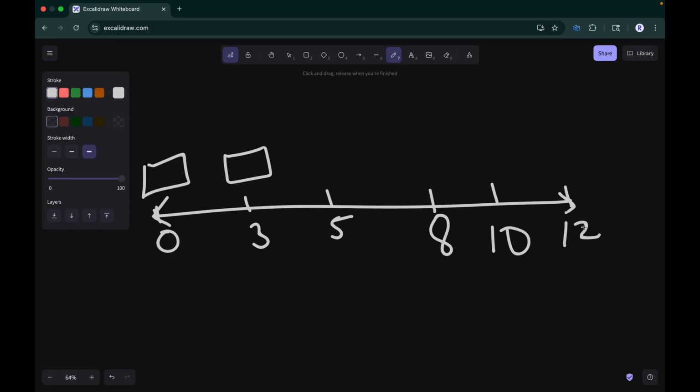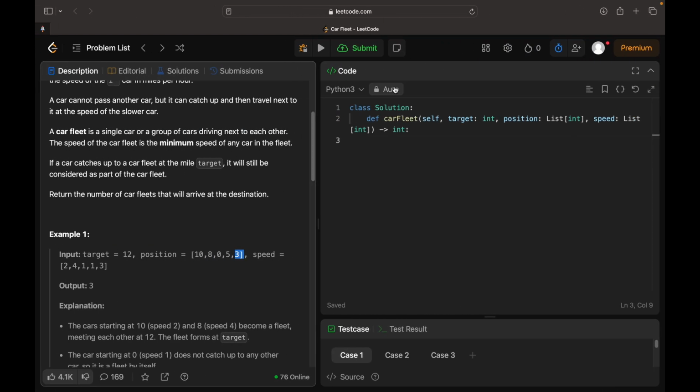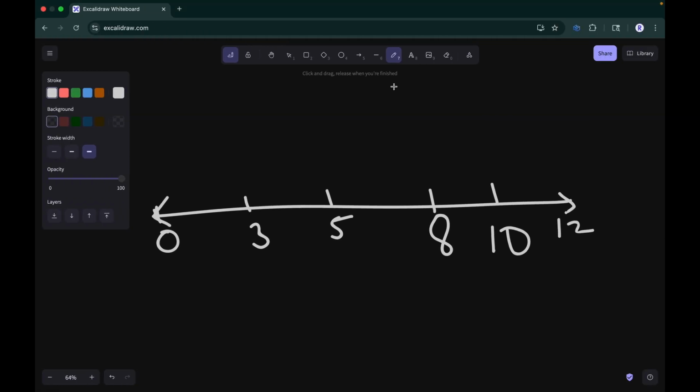So what is my point over here? Well, the very first thing that we'll have to do is sort the cars in descending order, not ascending order, because the car who's over here will get more priority than the car over here. Okay, we'll get to that afterwards.